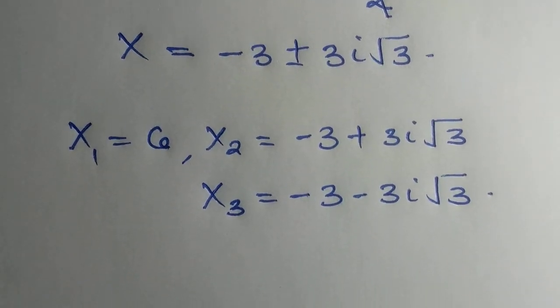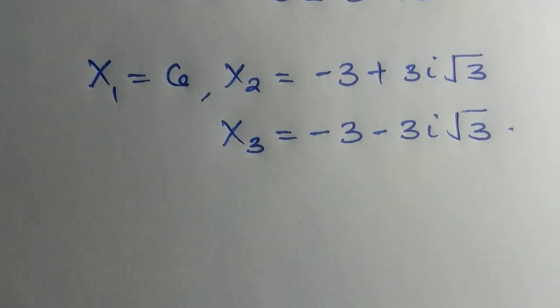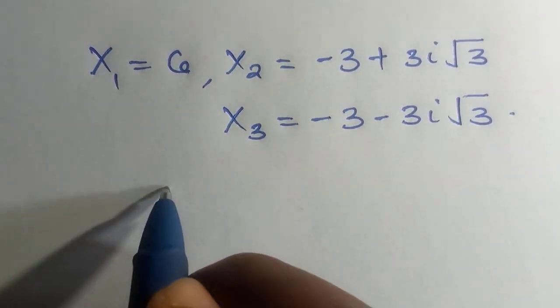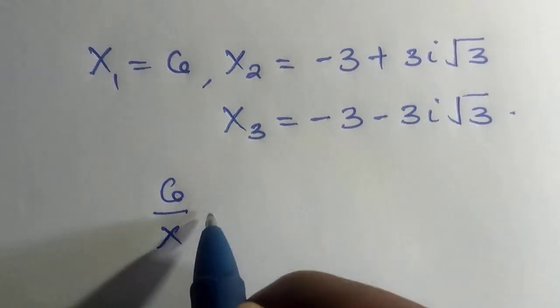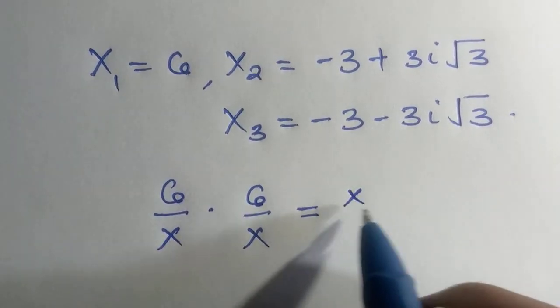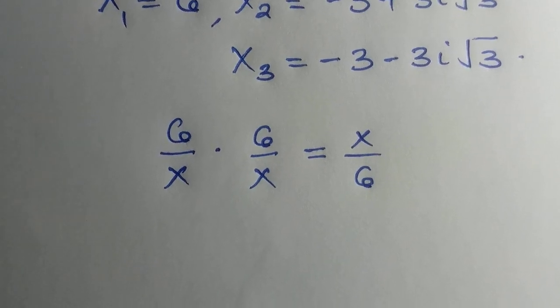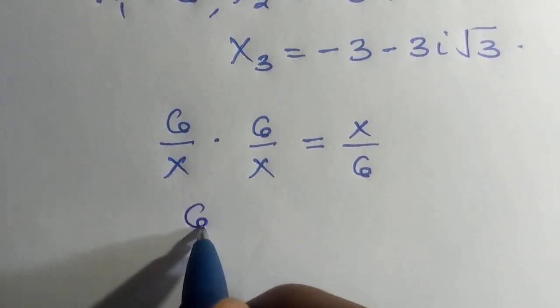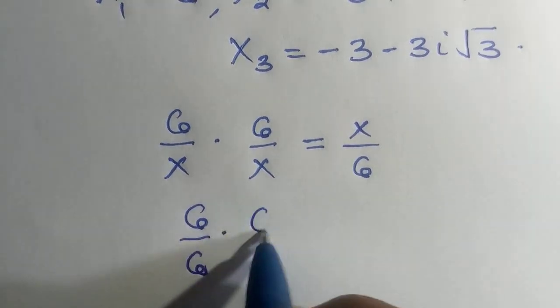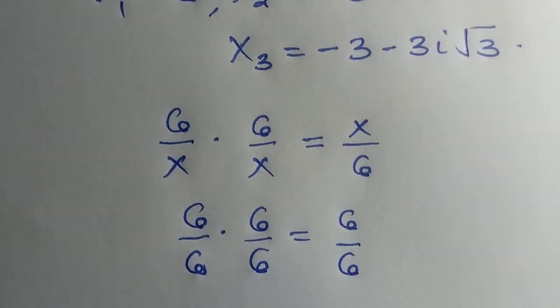So I'm going to check for x1 equals 6 in the equation. So we have 6 divided by x multiplied by 6 divided by x equals x divided by 6. By substituting the value of x, which is 6, we have 6 over 6 multiplied by 6 over 6 equals 6 divided by 6.